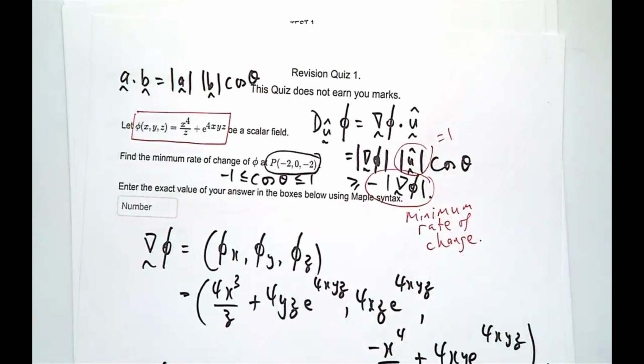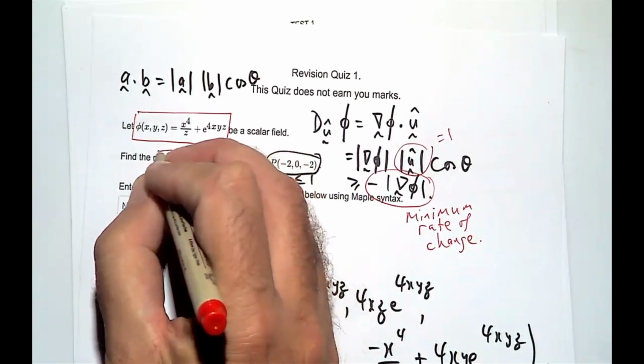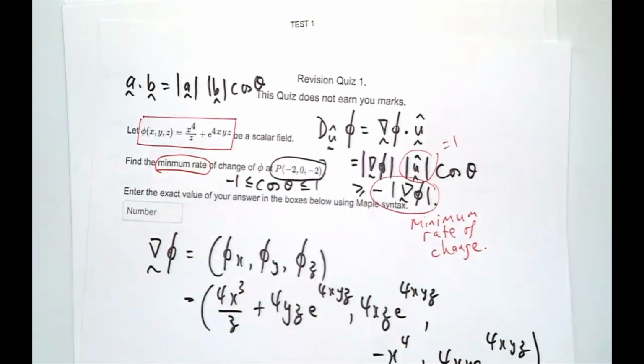Well, we don't use the cos theta because they're asking for the minimum rate of change. You don't know what theta is because you don't know what u is. You don't know the angle if you don't have the vector.